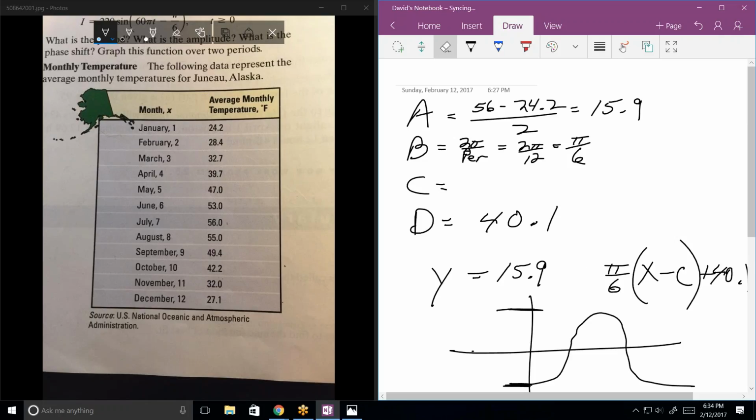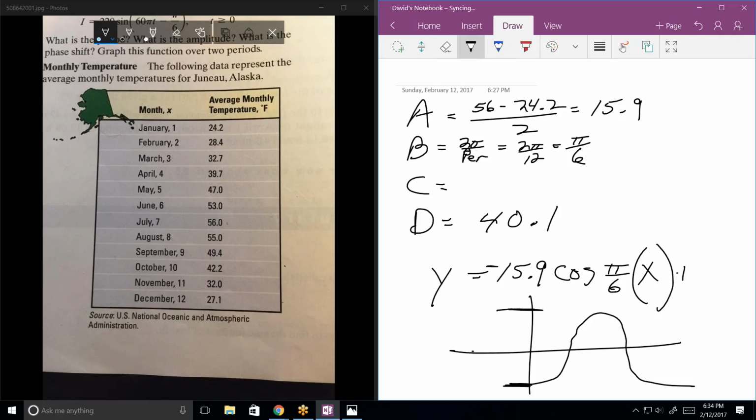So I'm going to replace sine with cosine, and I'm going to put a negative sign in front of the amplitude. And I'm going to erase the C because there does not appear to be any phase shift. Now, let's talk about if I gave you that sinusoid function, how would you graph it?